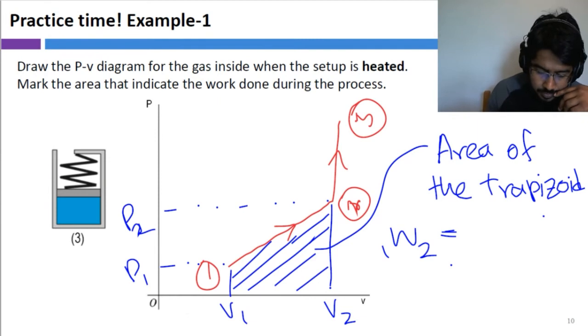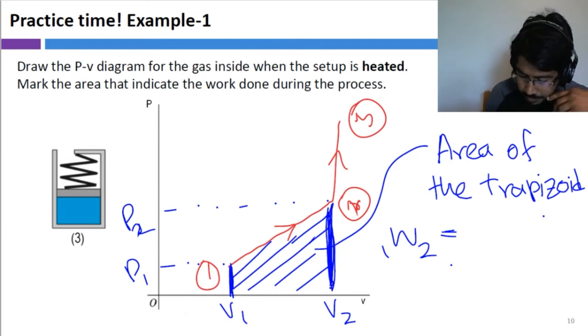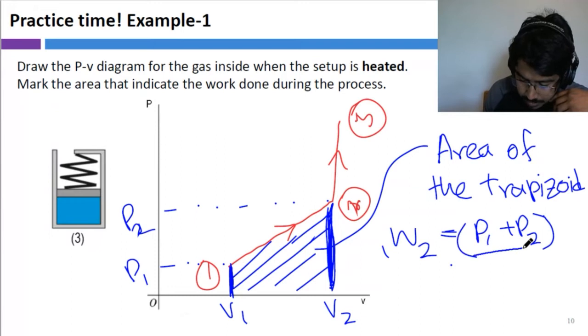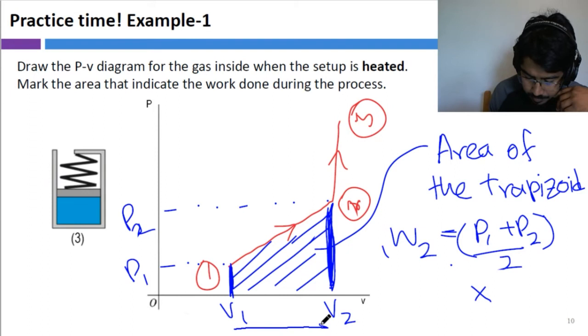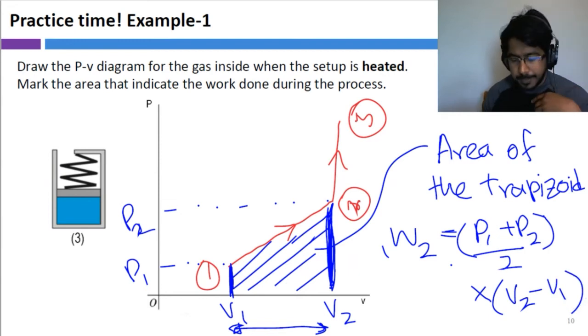We get the average of these two heights, these two edges, so P1 plus P2 divided by 2, and we multiply it by this length, which is V2 minus V1. Are we clear about that?